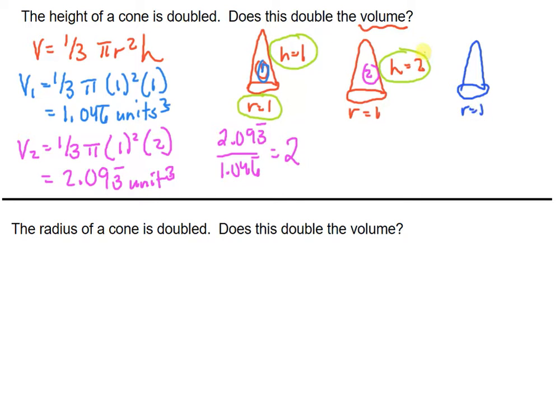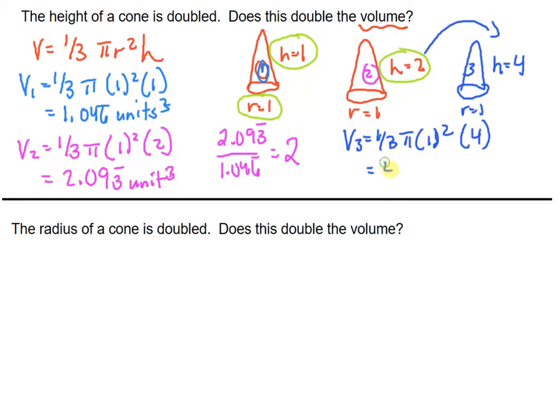So let's double the 2. Let's try the height of 4. Okay, so let's go, and we'll call this volume of 3. 1/3 pi r squared times the height, which is 4. Okay, so 1 divided by 3 times 3.14 times 4.